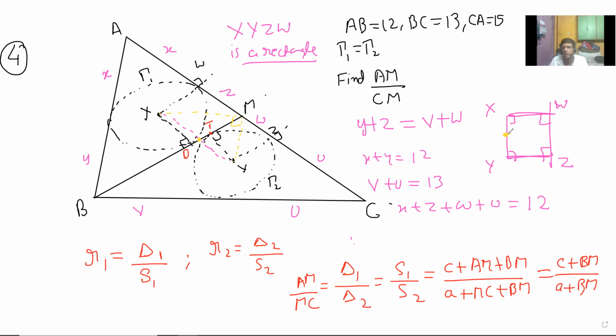M is not the midpoint. I'm just drawing it separately, M is somewhere here. MD equals XD.